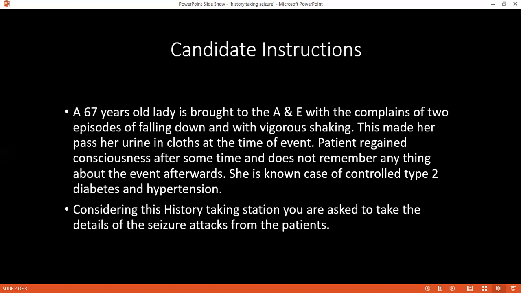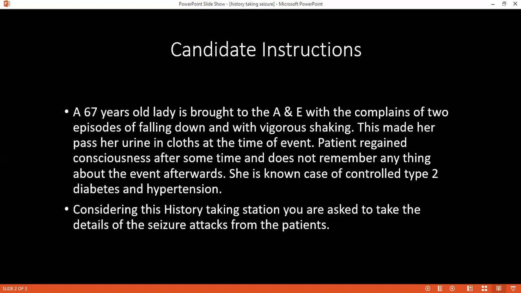Did you have any neurological history, like trauma to your head, or any history of brain tumor that you were investigated for? No, doctor, nothing of that sort. No history of headache, or feeling like vomiting, or visual disturbances?